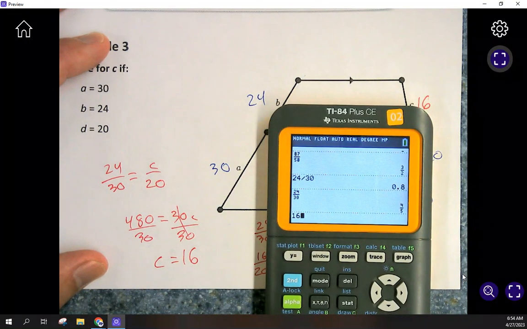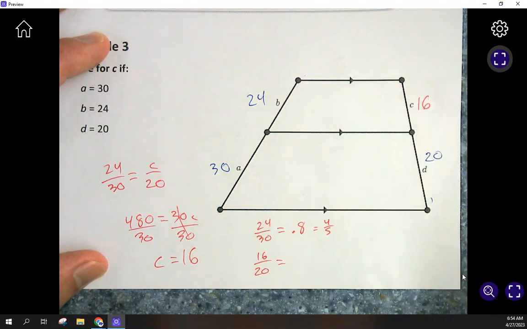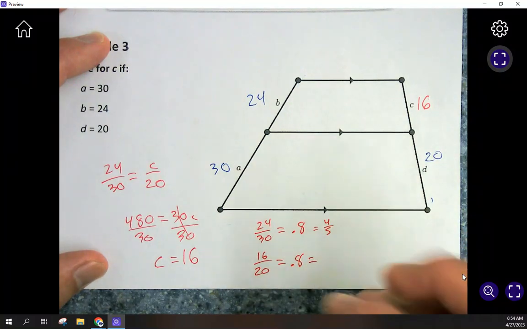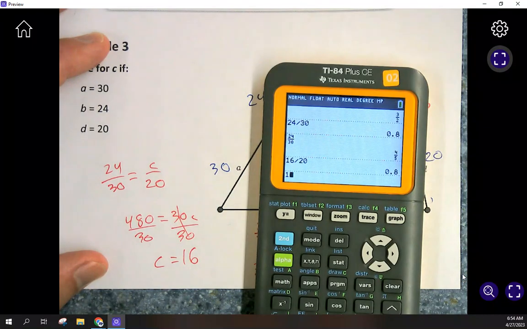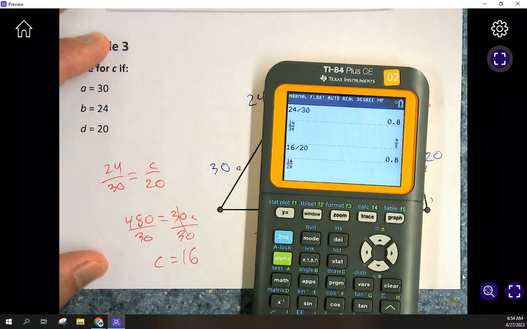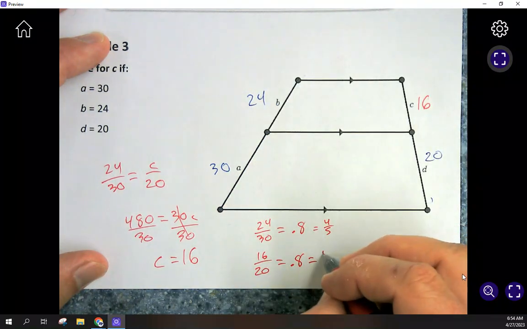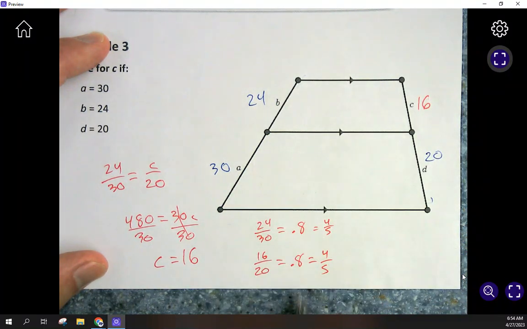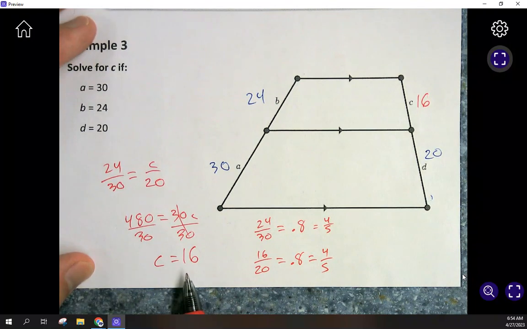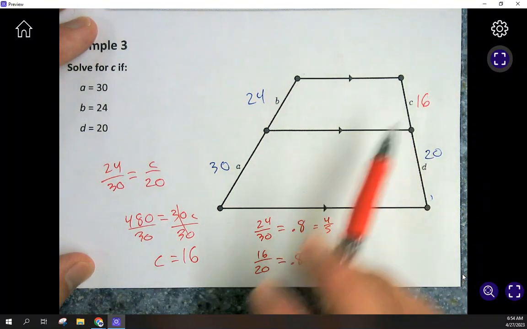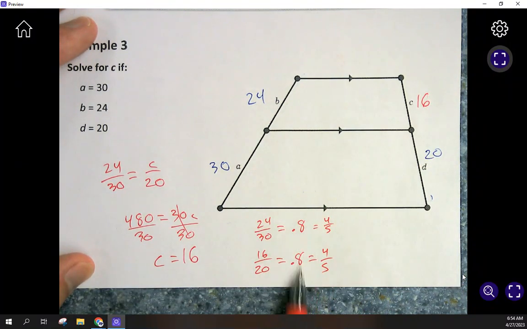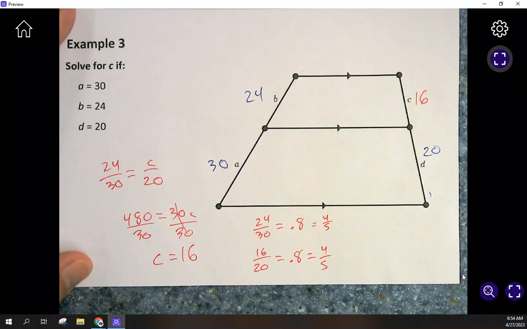So if I do 16 divided by 20, it's 0.8. And if I simplify 16 over 20, it's 4/5. So this was just a quick check. You don't have to go through that every time. But if you're telling me that that answer is 16, you can go back and check your ratios, make sure they're equal, and then you know you've got it all set.